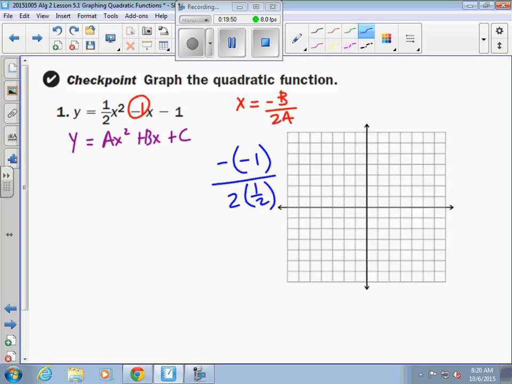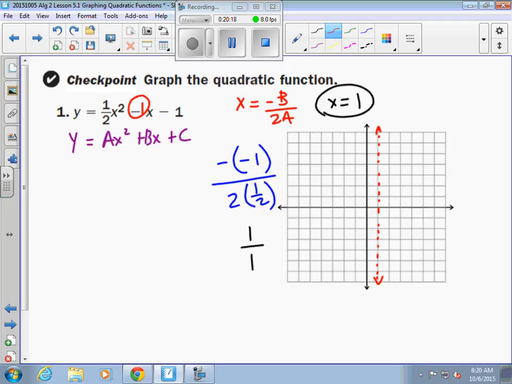So negative, negative 1 is going to be positive 1. And 2 times 1/2 is going to be 1. So our x value is going to be what? 1. That's correct. So now we got our x line of symmetry. Where our x value is 1, our line of symmetry is going to be at 1. So it's going to go right there.